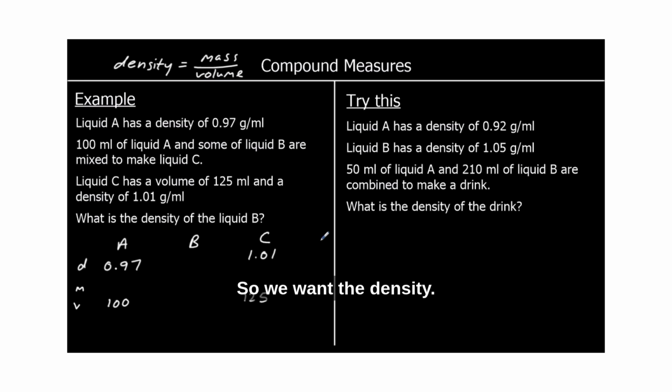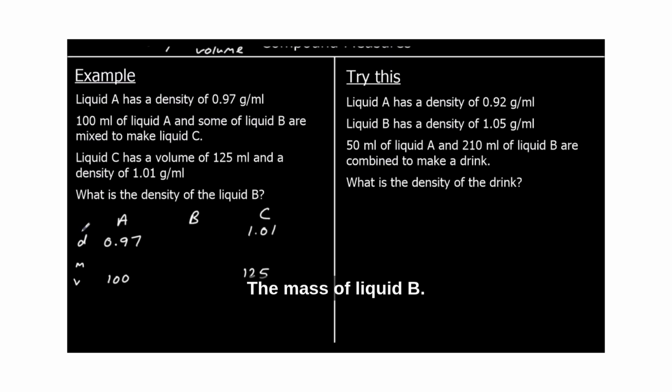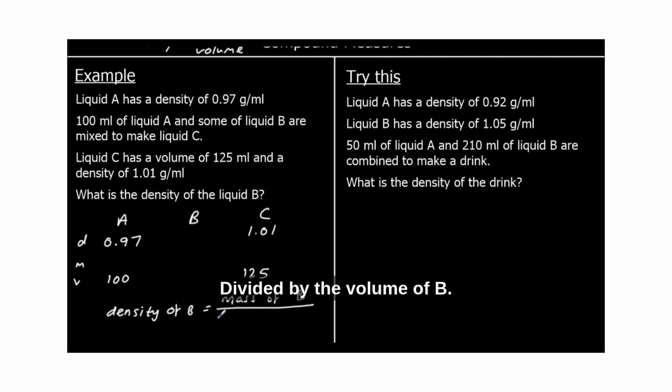So we want the density of liquid B. So what we're going to do is we're going to find the mass of liquid B. So density of B is going to be the mass of B divided by the volume of B.